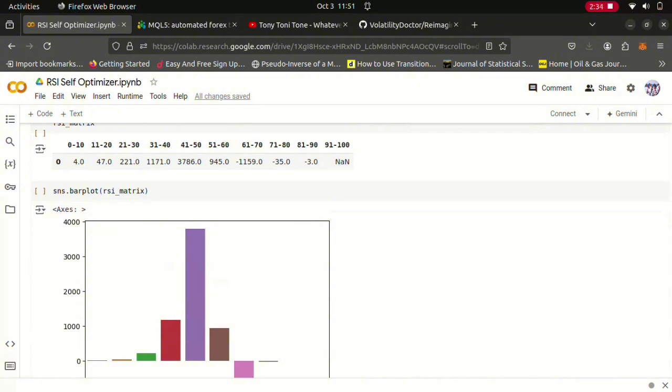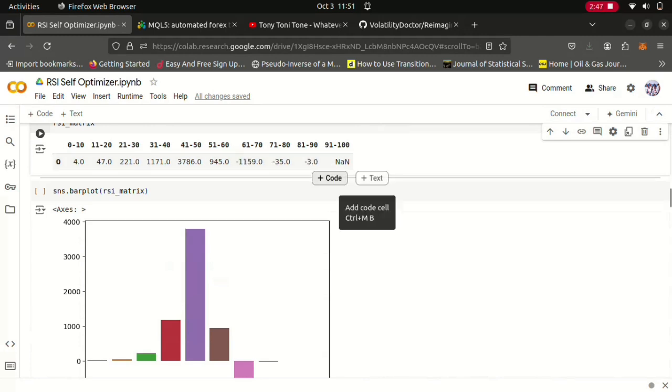There were no observations in the training set within this range of 91 to 100. So since the neighboring ranges have negative values, I assigned it an arbitrary negative value. That's how we fixed that.